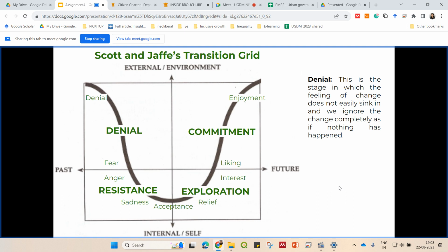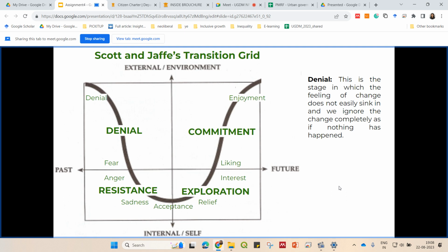You want to help them understand what is really true as opposed to what they wish were true. If they wish that the change is not coming, that is not true. The change is coming.